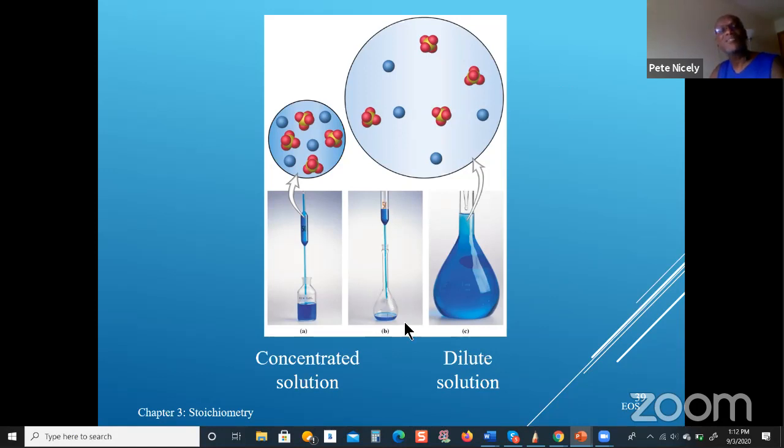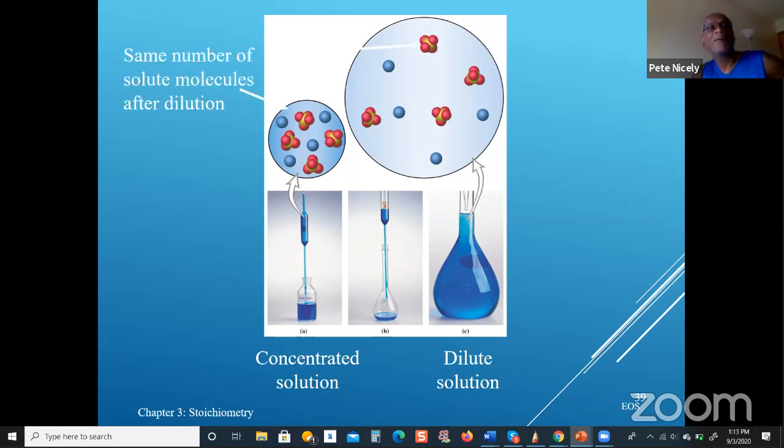The person allowed the liquid to drain into the volumetric flask, and then added water up to the required mark, and therefore ends up with the more dilute solution. That's basically a step-by-step process followed for solution dilution.